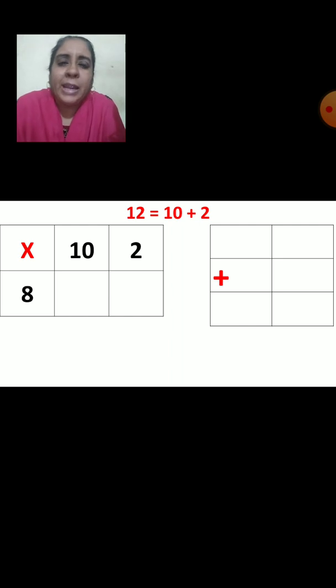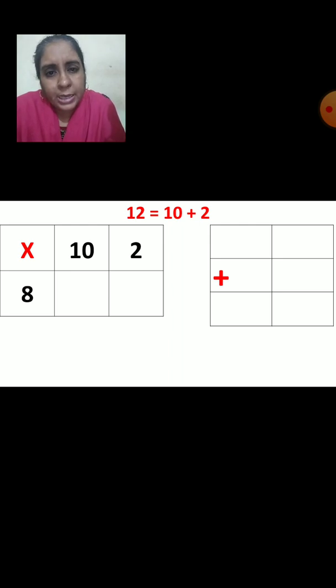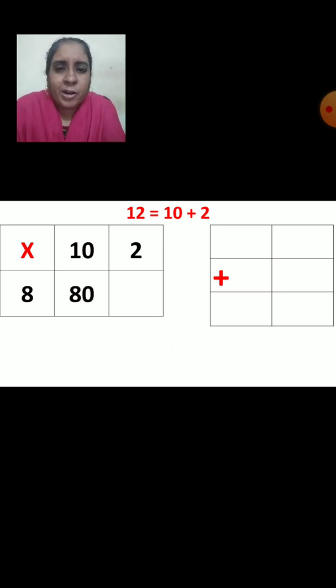So, you will write 8 down. After writing, what are you going to do now? You have to multiply first 10 with 8. 10 eights are, how much will you get? 80. That you will write as the answer in the down column.